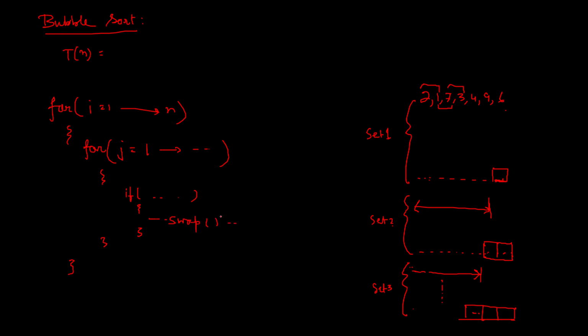Now, before we proceed, let me tell you one more thing about analysis of a program. There are three different cases, on the basis of which you can analyze the complexity of a problem.